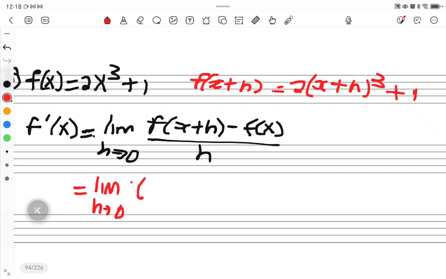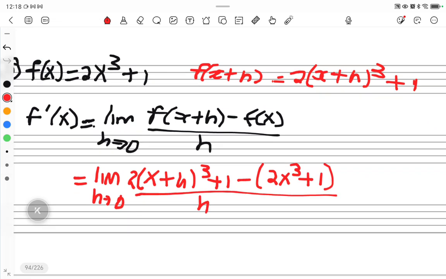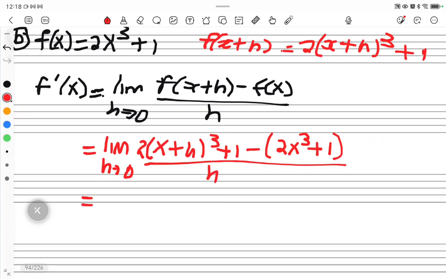So this is 2x plus h to the third plus 1 minus 2x to the third plus 1 all over h. And this is the limit as h approaches 0.